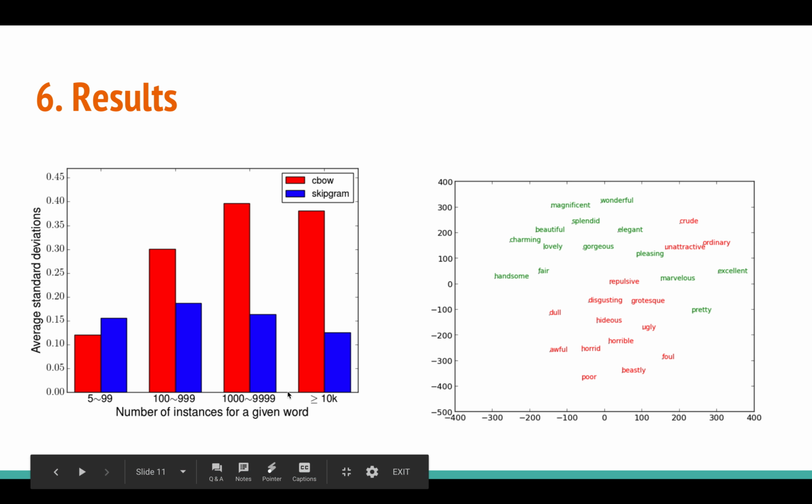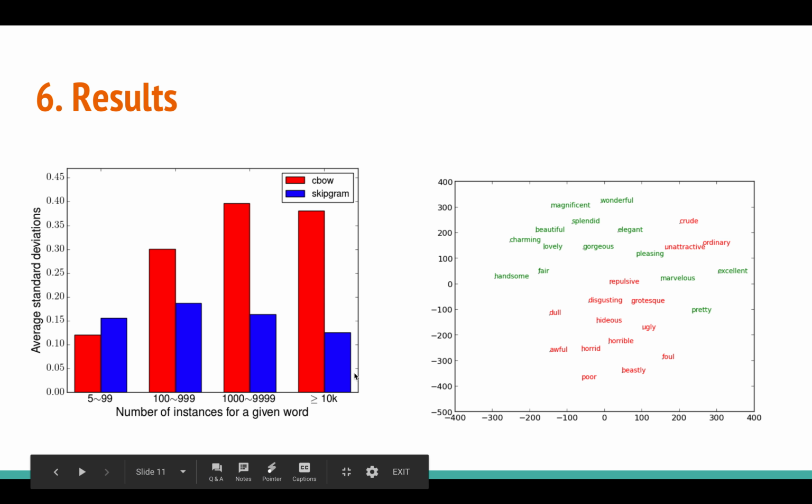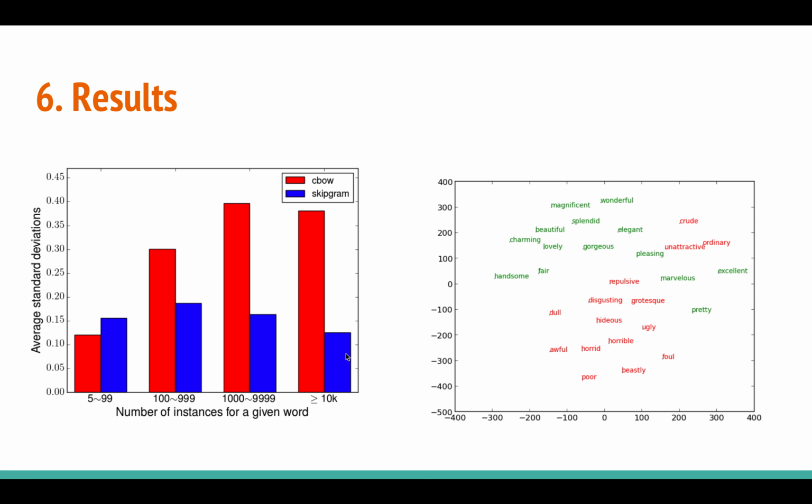But as you can see here, if a word occurs many times, like more than 10,000 times, the variation of the skipgram model is better than the variations happening inside the SIBO model.